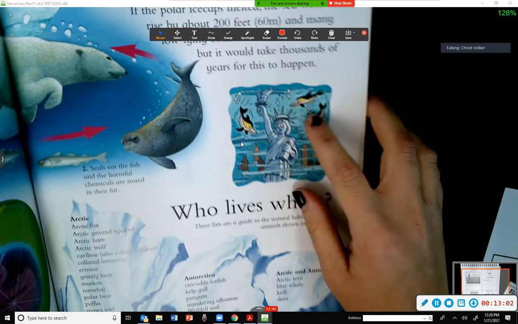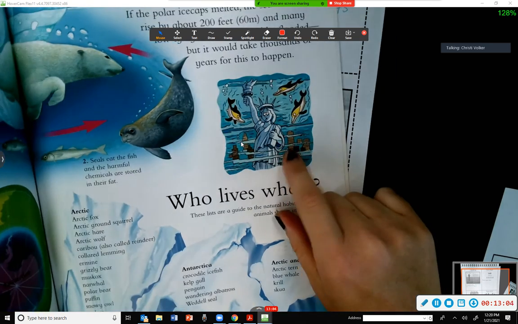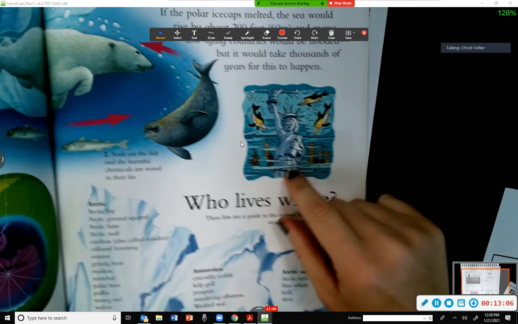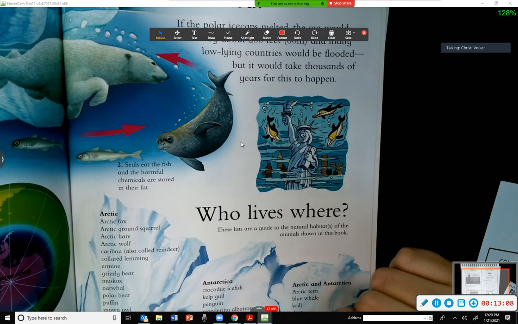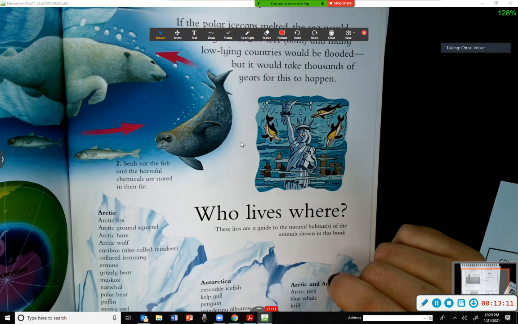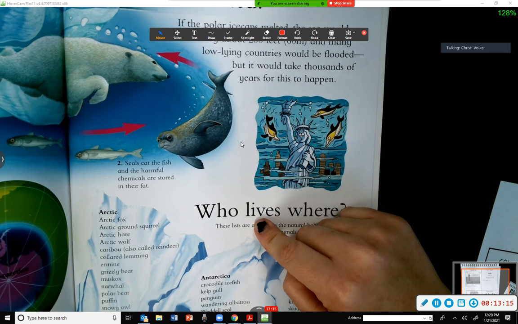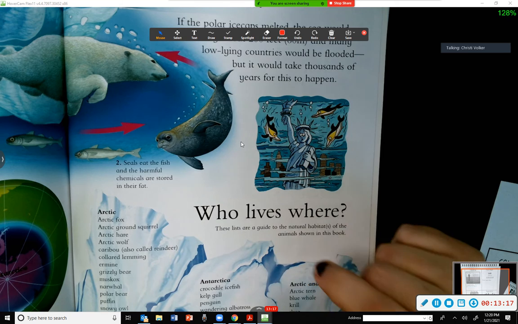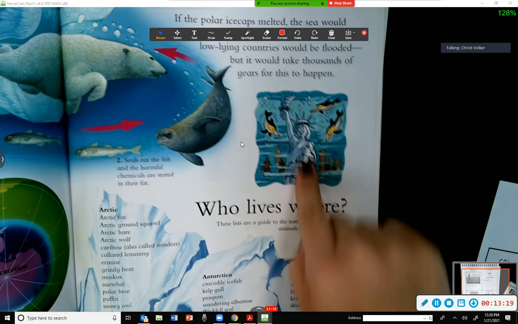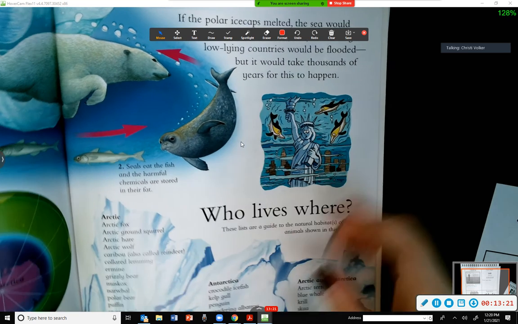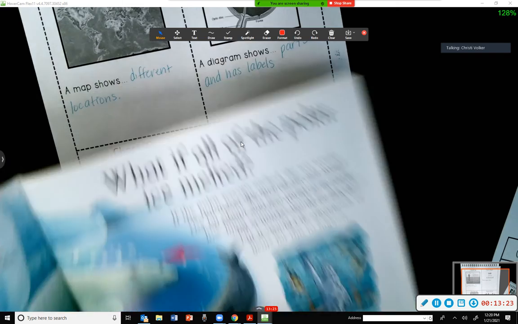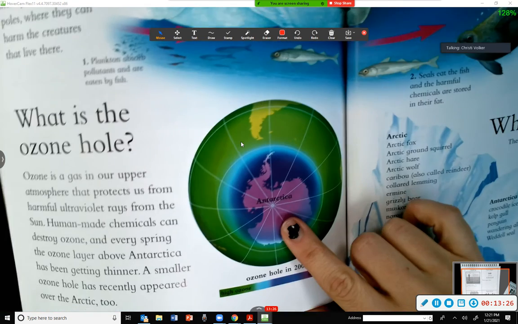Okay, who can tell me what this is called? The Statue of Liberty. Oh no, not the actual, what text feature is this? Is it a map? Is it a diagram? Is it an illustration? A photograph? Illustration, good. Okay. Right here, what is this?